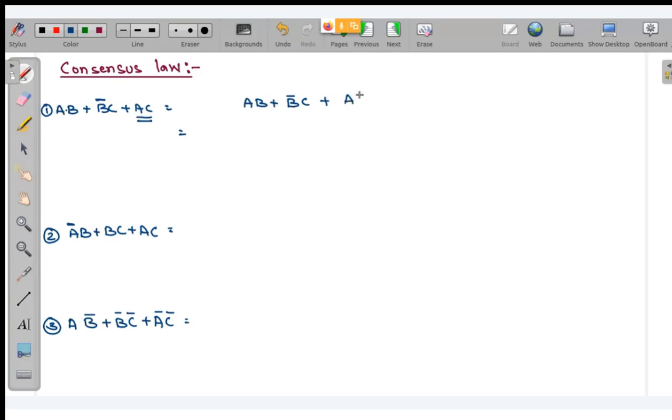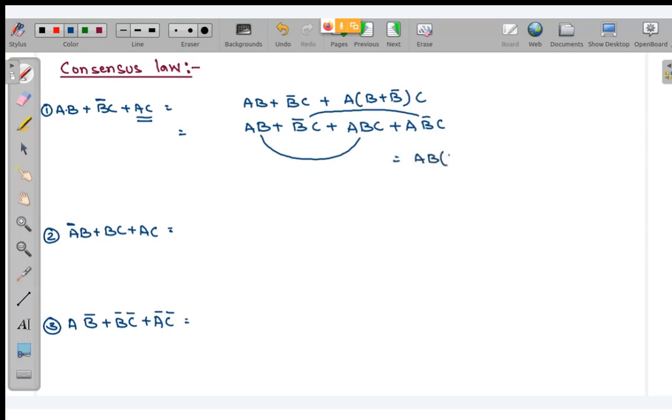So this one I can write like this: B plus B bar into C. So this is AB plus B bar C plus ABC plus A B bar C. Hopefully this time we will be able to do it. So yes, now it is okay. These two and these two. So look, this will be what?